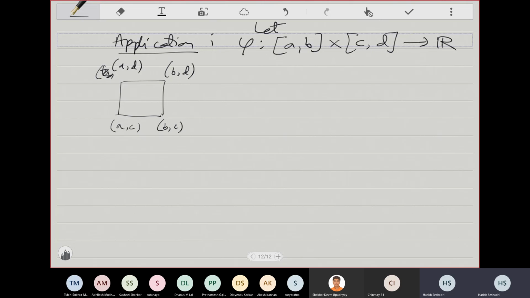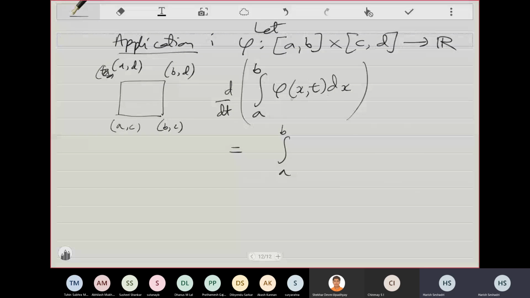Let's look at this function of 2 variables, and then I'll integrate with respect to the first variable. The exact conditions on this I'll define in a second, but let's put it in a simple-minded way. See, what I'm doing is integrating with respect to the first variable.